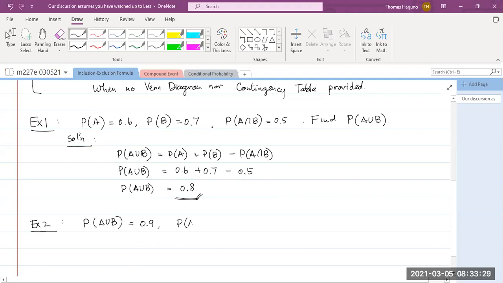Probability of A is 0.7. And then probability of the intersection is, let's say, 0.6. Can we find the probability of B alone?